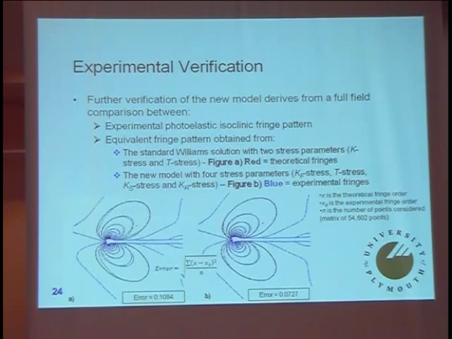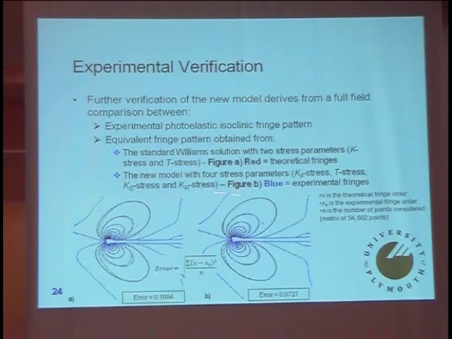So if you do the full field comparison, we've taken the photoelastic isoclinic fringe pattern, difference of principal stresses, and we've compared our solution with the four stress parameters with the standard Williams solution, taking out K and T. So figure A is the Williams solution with K and T. Red are the theoretical fringes, blue are the experimental, and this B over here is the new model with four stress parameters.